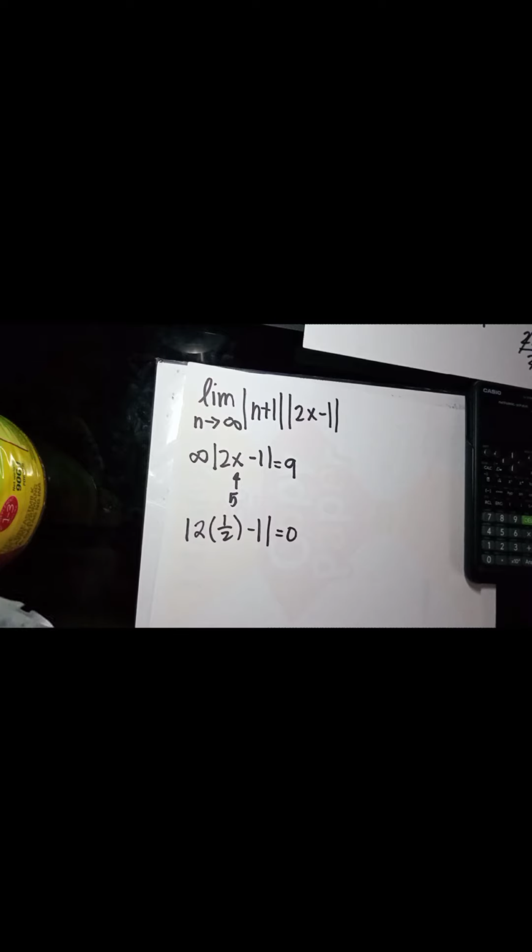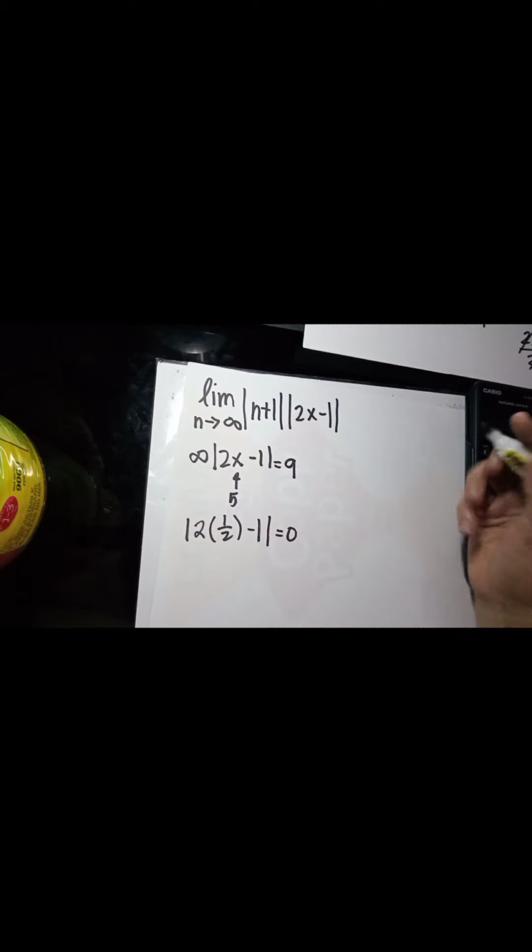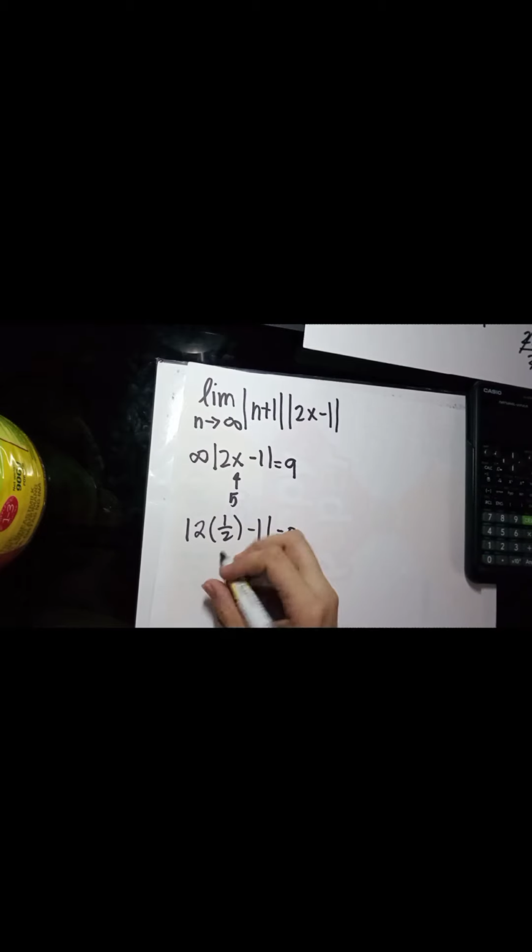And so 0 times n is 0. So thus the whole limit is going to go to 0, which means that the power series converges. So anytime we get infinity as a result, it only converges when x equals c. So that is where the power series is centered.